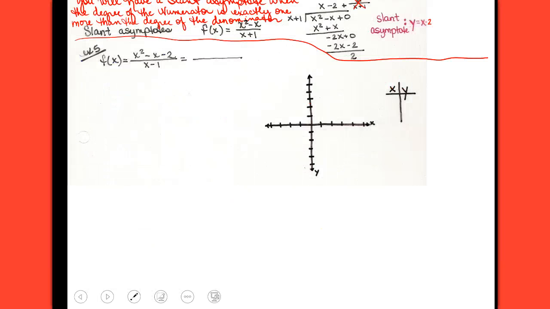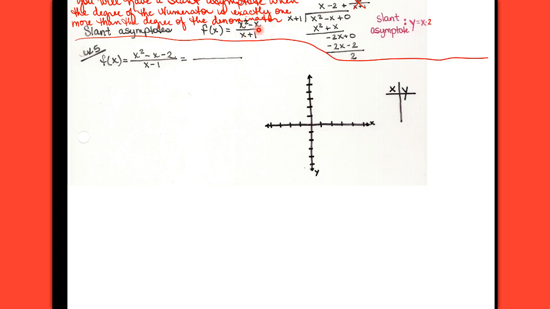We've been talking about the fact that you will not have a horizontal asymptote and a slant asymptote at the same time. Okay, so when will I have a slant asymptote? You will have a slant asymptote when the degree of the numerator is exactly one more than the degree of the denominator.